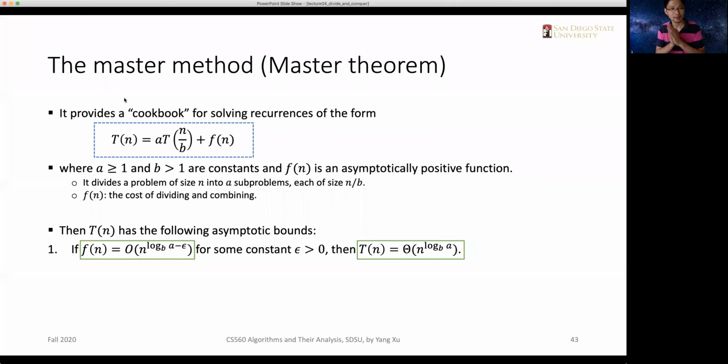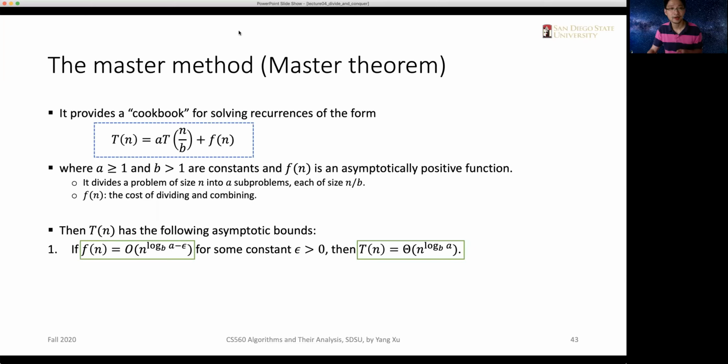So we're going to review the master theorem a little bit. It has 3 conditions. First of all, we need to check the relationship between f(n) and the polynomial function, which is n raised to the power of log base b of a.